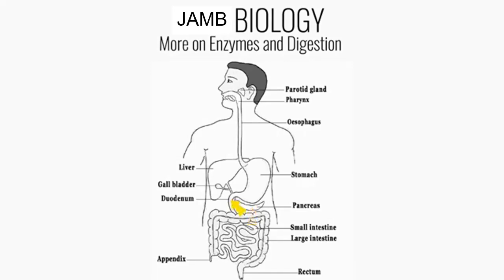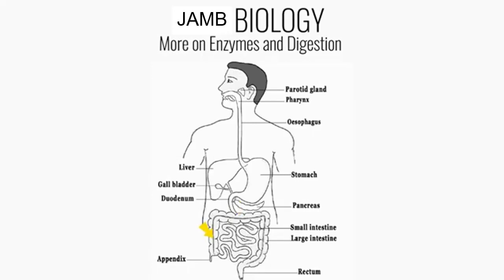So over here we have the small intestine too, that also has the lipase enzymes, the protease enzymes, and the amylase too. These enzymes will complete the digestion, and then absorption of food also takes place here.